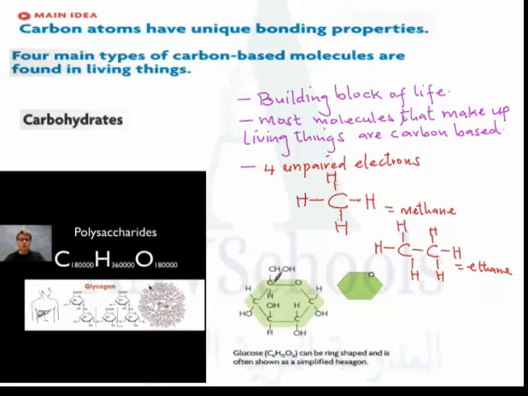You can see here we have 1, 2, 3, 4, 5, 6 carbons. So we can have straight chains, we can have rings, and we may even have what we are referring to as branched chains.